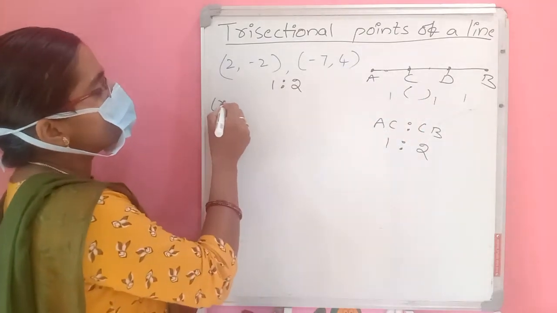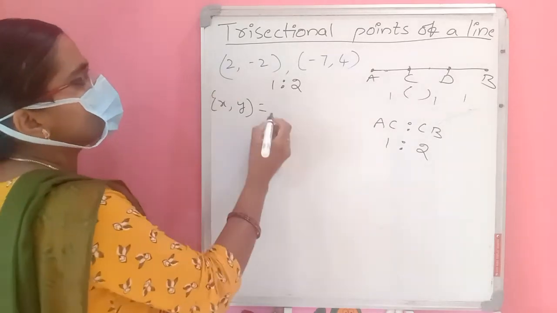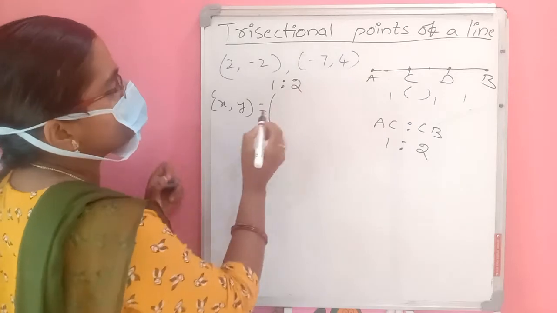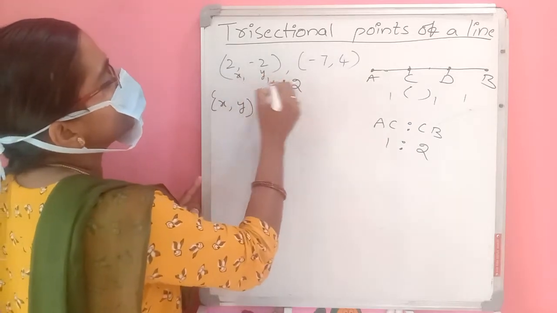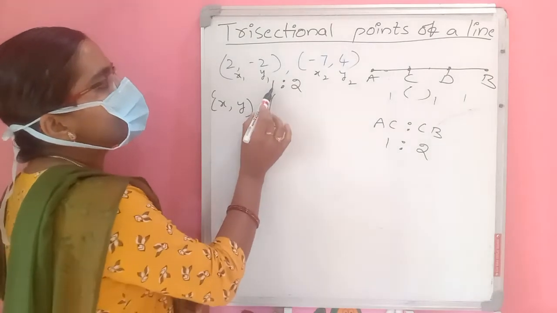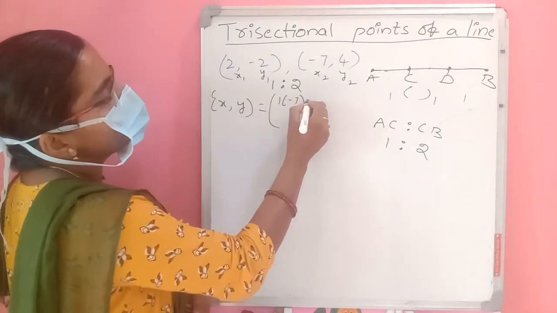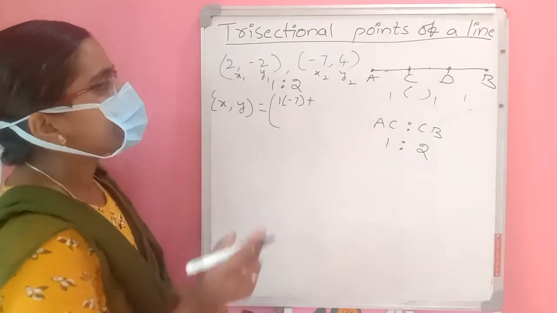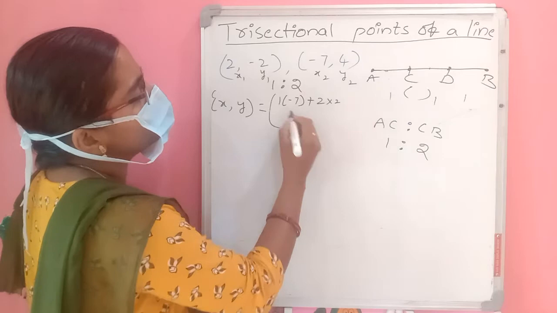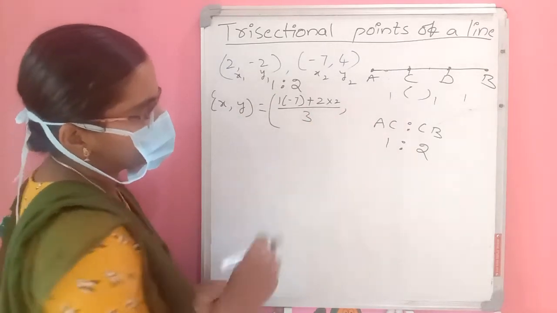So the coordinates of C, x comma y, are equal to (m1 x2 plus m2 x1) by (m1 plus m2). Here m1 is 1, m2 is 2, and (x1, y1), (x2, y2) are the given points. So x is 1 into minus 7 plus m2 x1, 2 into 2, which is 4, by 1 plus 2, 3.